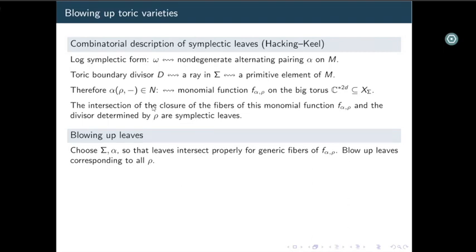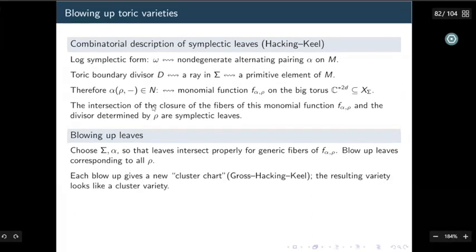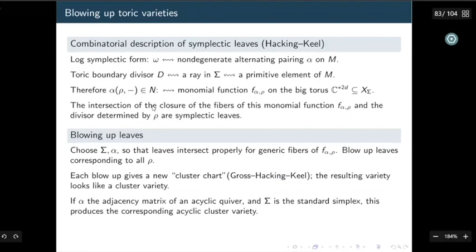You can just make choices and start to blow up, and every time you blow up, you add another cluster chart. So you get some variety that's, up to codimension 2, covered by 2D-dimensional tori.